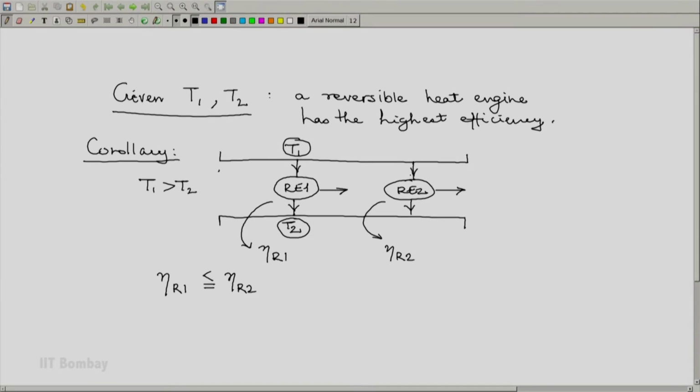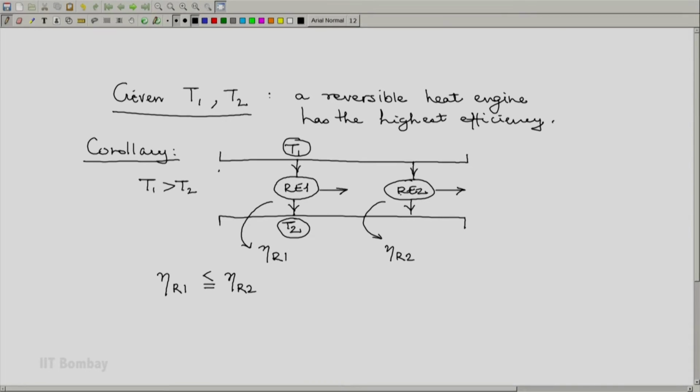The other relation we must have is as follows. Now let us forget the fact that RE2 is a reversible engine. Let us say it is an engine. A reversible engine is also an engine. Whereas be conscious of the fact that RE1 is a reversible engine.